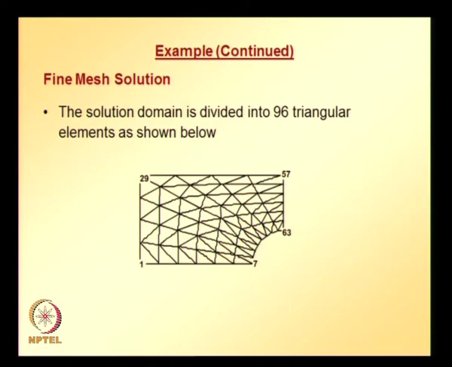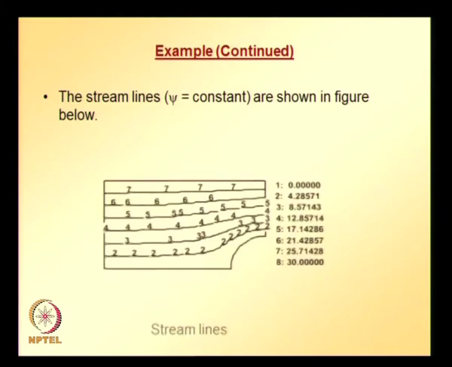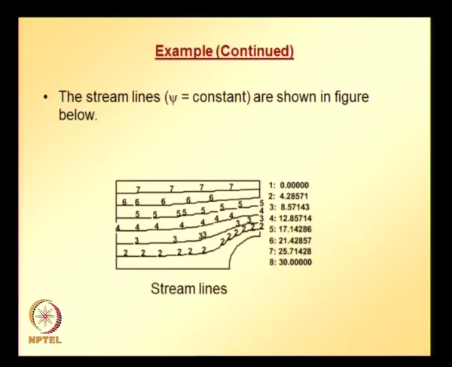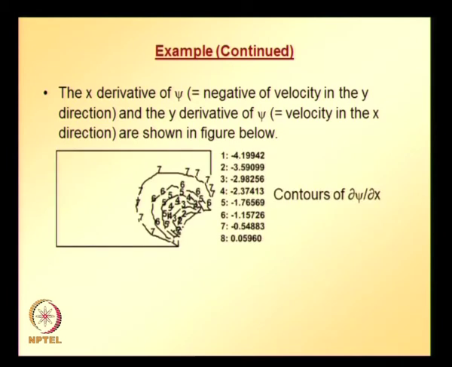So, let us look at how the solution looks. Streamlines, psi equal to constant, those lines are these, and the derivatives of the stream function psi with respect to x and with respect to y.